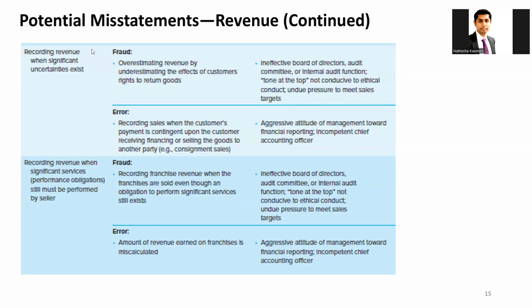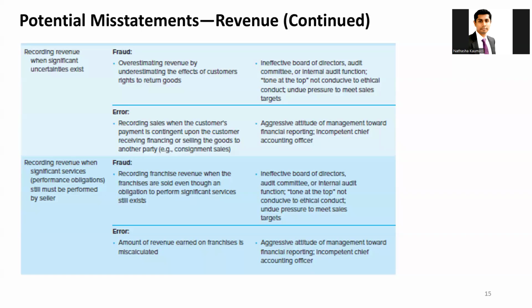You know that, but you record the sales while that customer payment is contingent. Unintentionally you just record the sales. In that case, it can be considered an error because there's no intentional misstatement here.